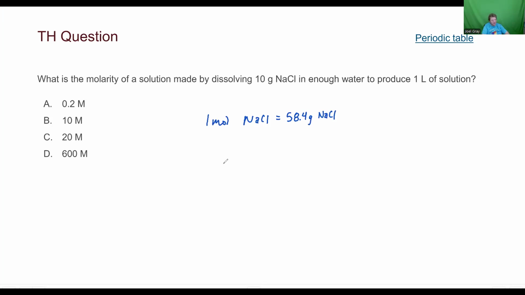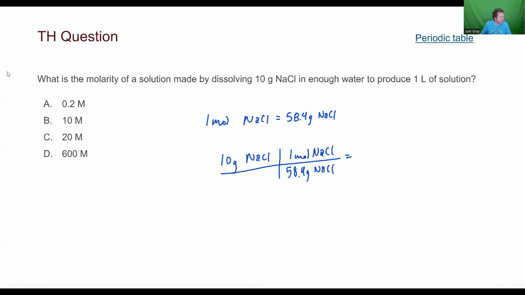So effectively, the way that we want to do this calculation is 10 grams NaCl times 1 mole NaCl over 58.4 grams of NaCl. 10 divided by 58.4 will get you the number of moles of NaCl.